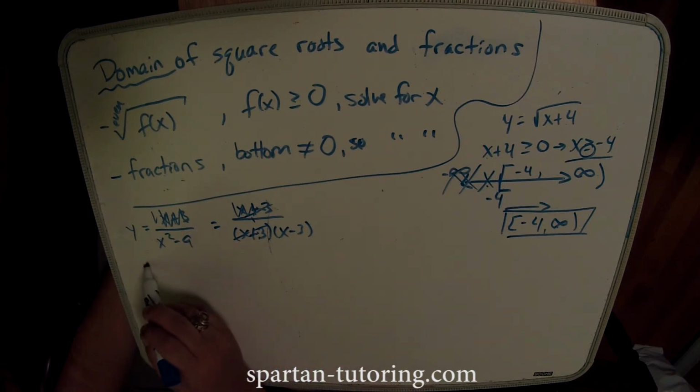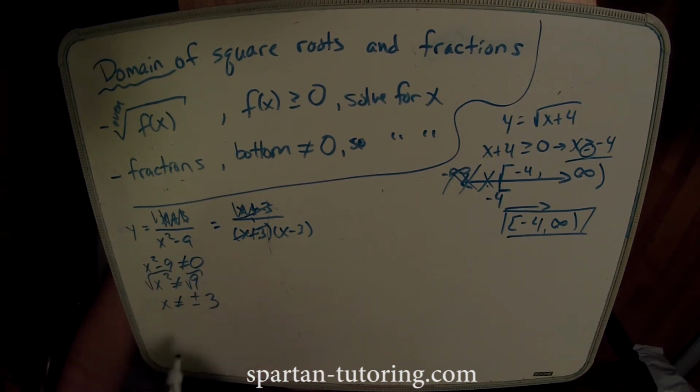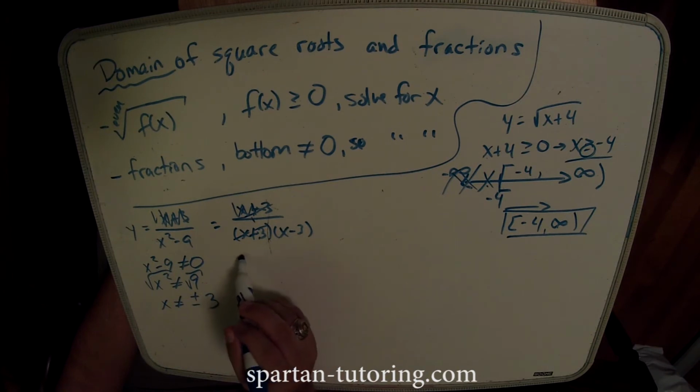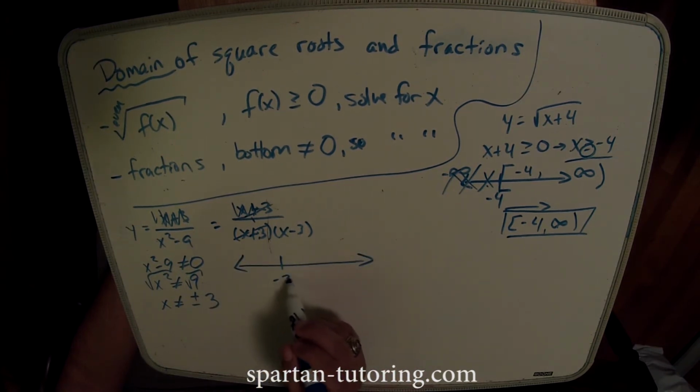So if I have x squared minus 9 cannot equal 0, x squared cannot equal 9, therefore x cannot equal plus and minus 3. Remember, whenever you take the square root of something, you need to account for both plus and minus, because negative 3 squared is also 9. So once again, let's put this on our number line. Here is negative 3. Here's 3.